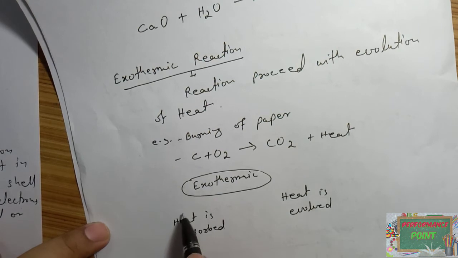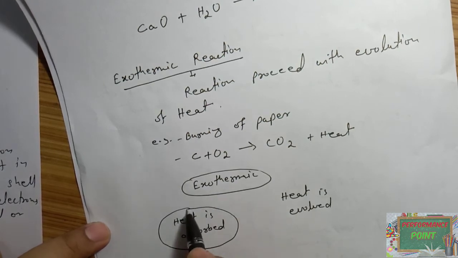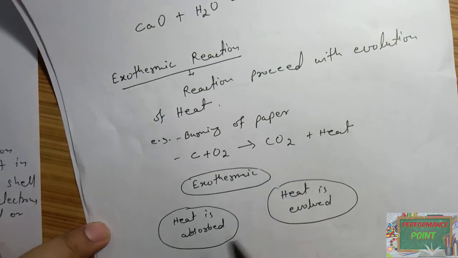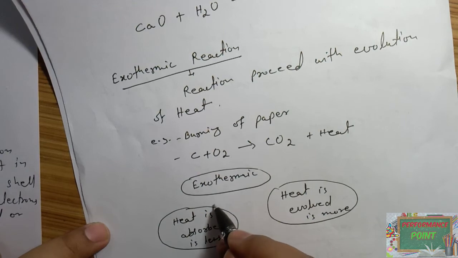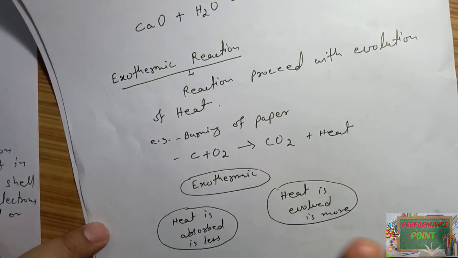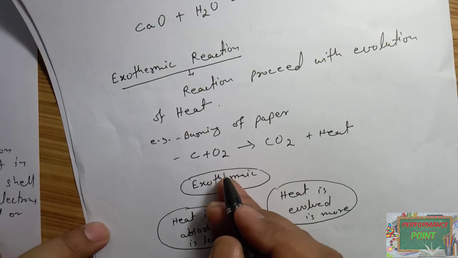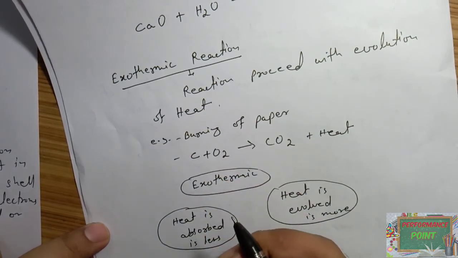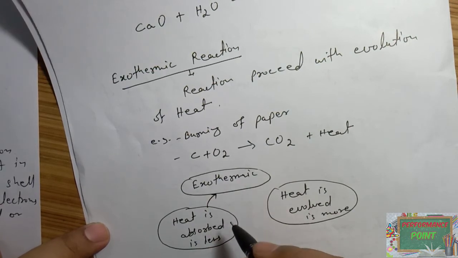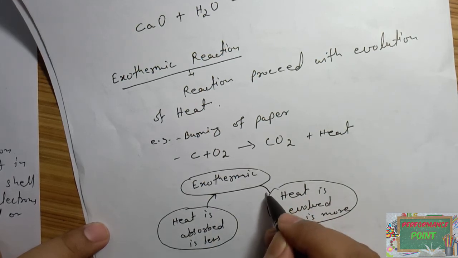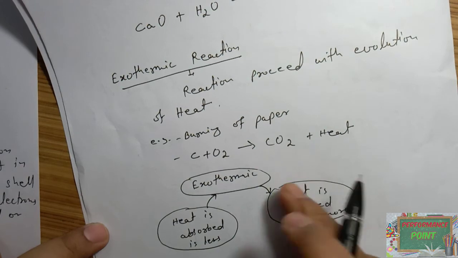Now the question is that the heat absorbed is less and the heat evolved is more. Because exothermic is a reaction, to start the reaction we need some energy. So the energy is taken in, and after that it releases energy.